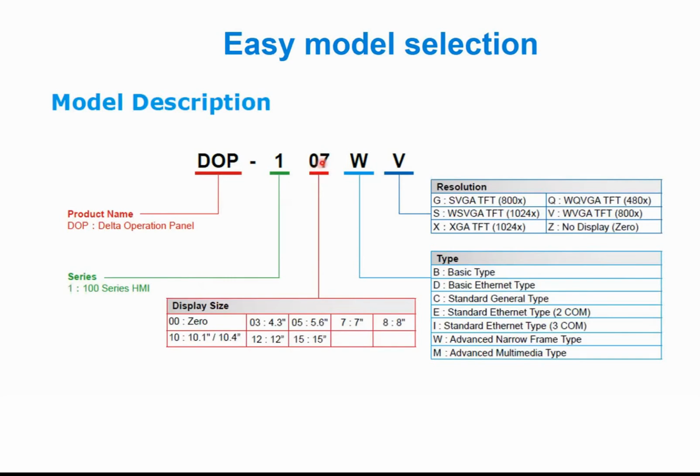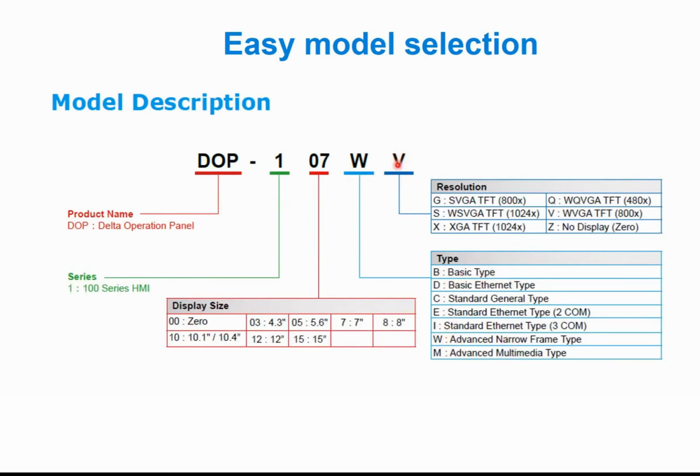And then this column in the model name is for the size of the HMI. So depending on the size you need for your machine, the size is right here. And then the fourth column in the model name is for the type. So we have different types, B all the way to M. As the type differs, so also the price differs.